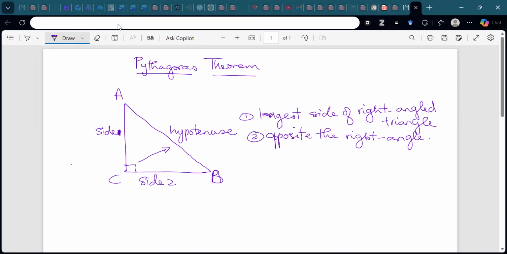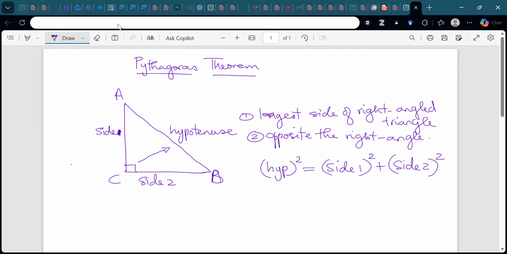All right. So Pythagoras' theorem says to us that if we have the hypotenuse and square it, it's going to be equal to the sum of the squares of side 1 squared plus side 2 squared.